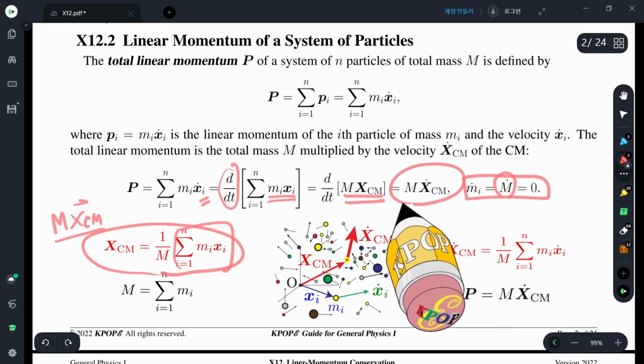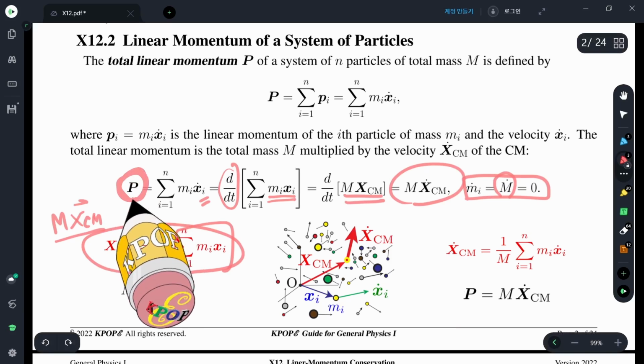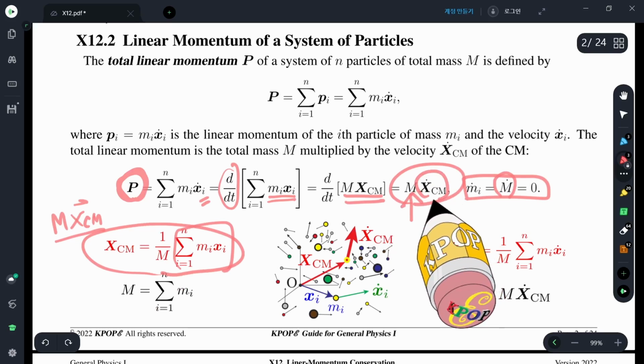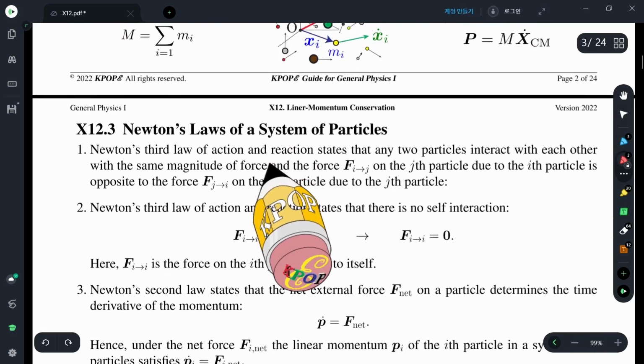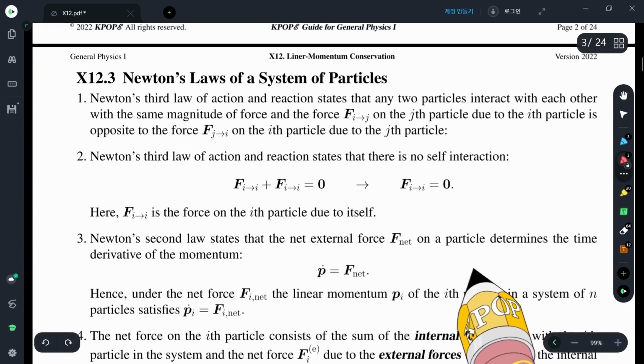Then we end up with the fact that the total linear momentum is the total mass multiplied by the velocity of the center of mass. This is a very important result.